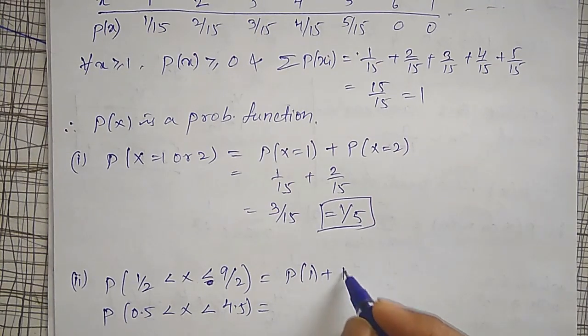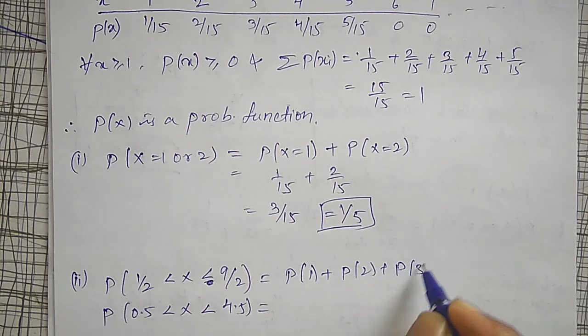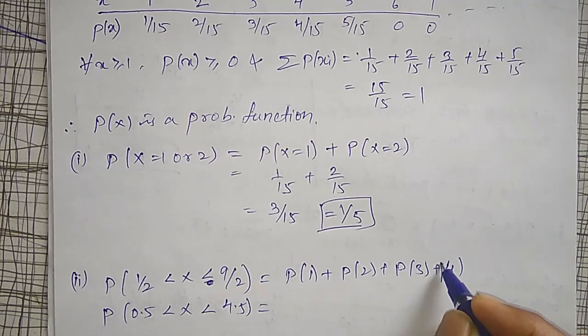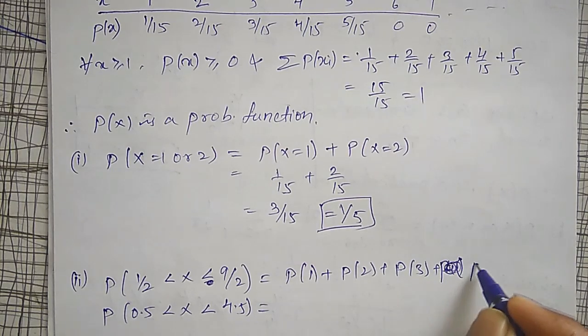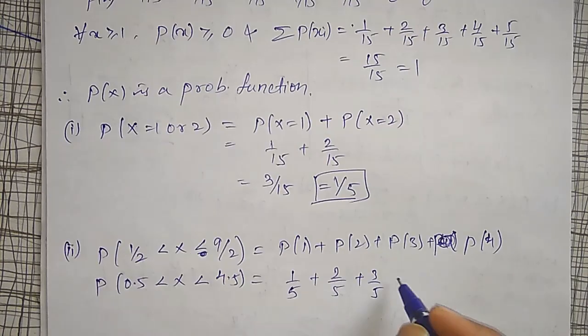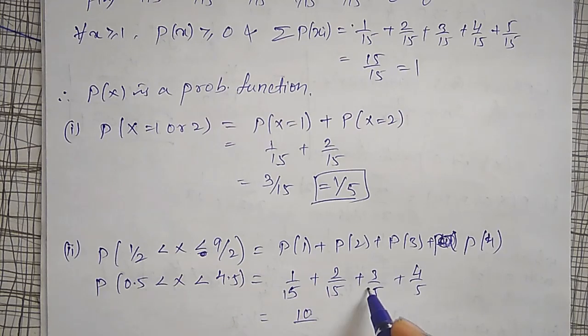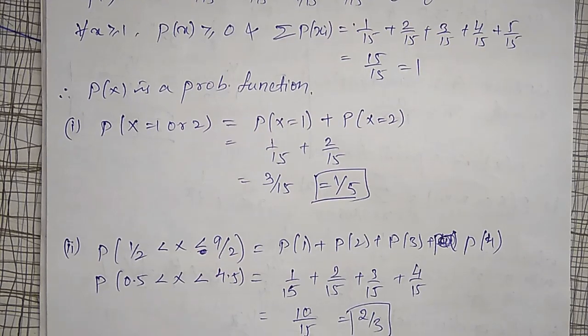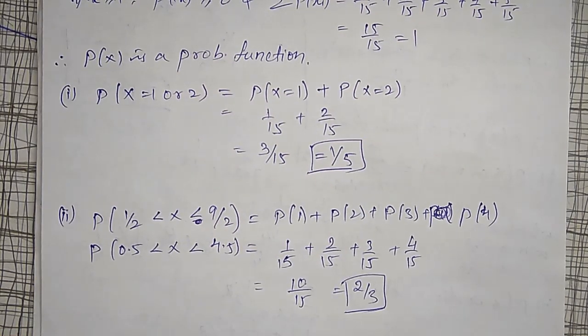Therefore, probability of 1 plus probability of 2 plus probability of 3 plus probability of 4 will be included, because x is less than 4.5. But I cannot include the probability of 5 because it is greater than that. This is equal to 1 by 15 plus 2 by 15 plus 3 by 15 plus 4 by 15, that is 10 divided by 15, which is equal to 2 by 3. Okay, thank you.